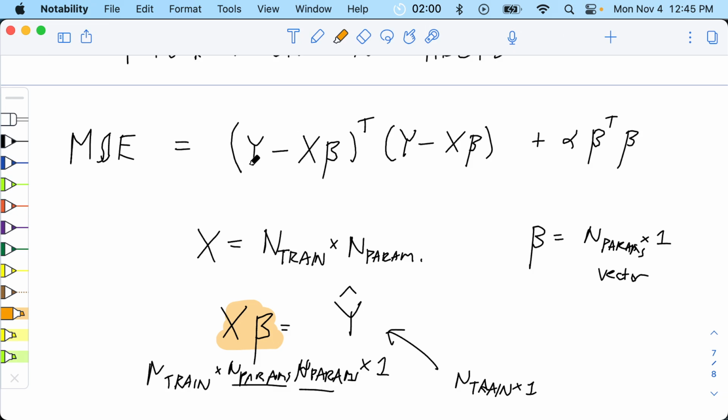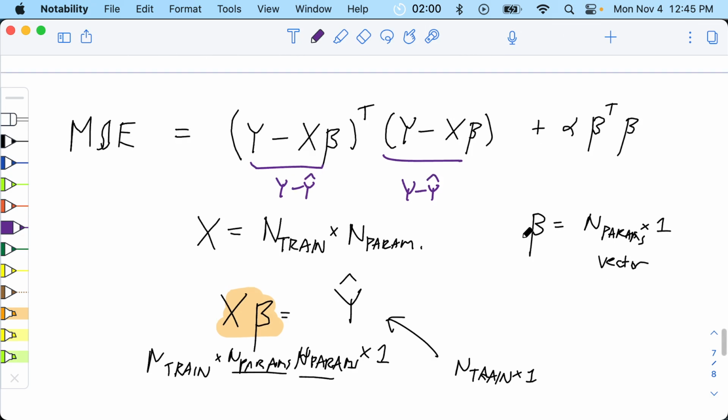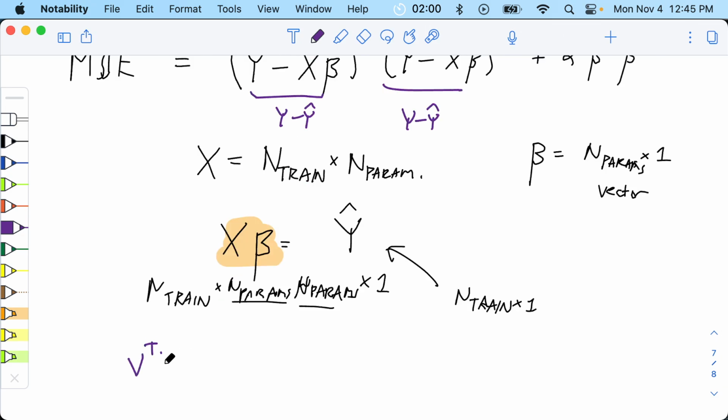And over here, y minus x beta is exactly y minus y hat. By doing the transpose with itself, we're doing the sum of the squares. This uses the sum of squares formula that v transpose times v is the sum of the squares of the entries of v, v_i from 1 to n train. And y is this vector of all the training examples.